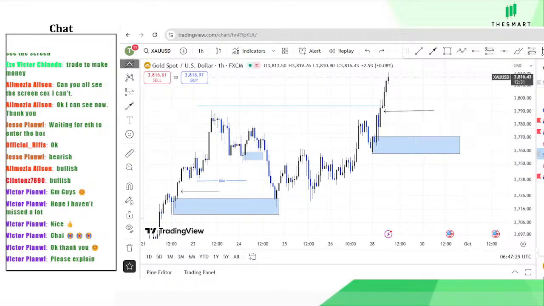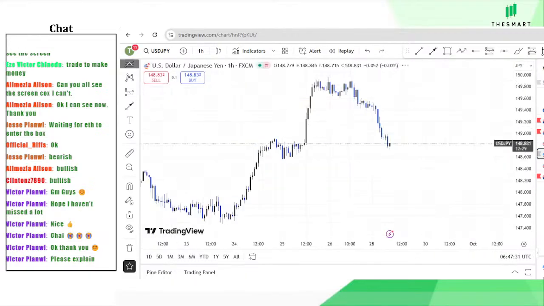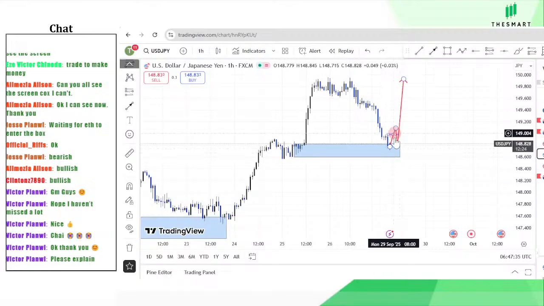Just like what we are anticipating on USDJPY, where you can see the price already tapped into our zone and is reacting, but we are not moved by this reaction because price can tap into your zone, react, and still fail. So we want to see a change of character above this 1 hour candle we are seeing here, or we'll go down to the 15 minutes to get our trade confirmation and continue in the price direction.